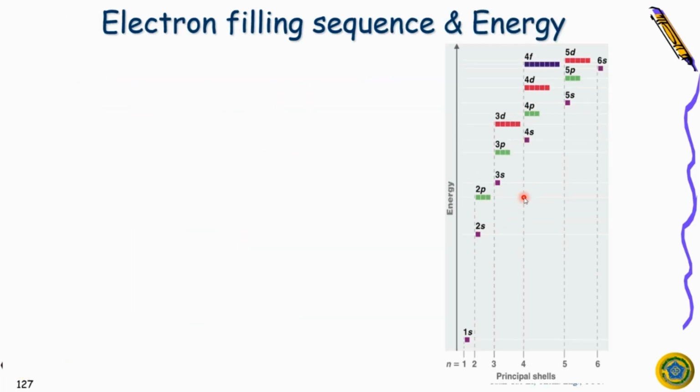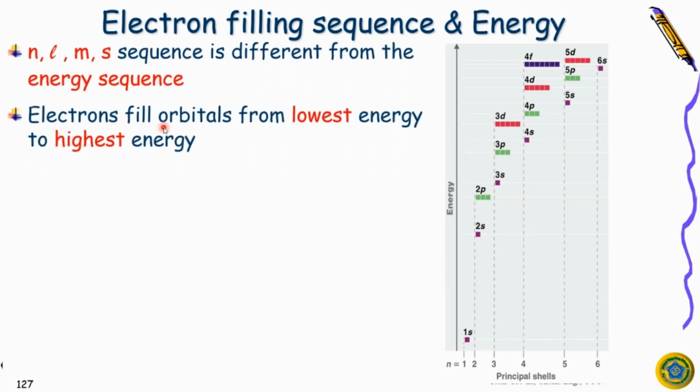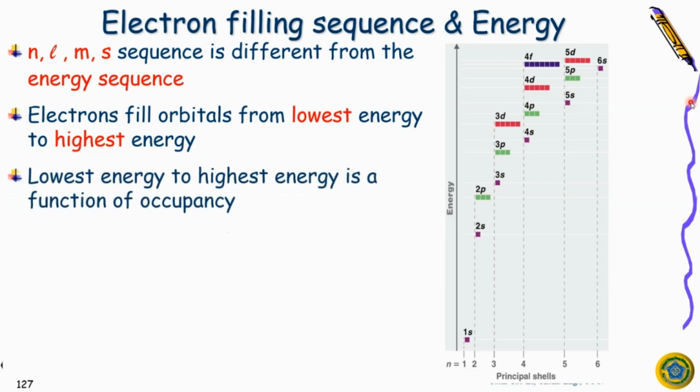Okay, the second one is electron filling sequence and energy. You need to fill in from the lowest energy to the highest energy. If you have all the electrons in 3p, one extra electron needs to go to 4s instead of 3d, because the electrons fill orbitals from the lowest energy to the highest energy. The lowest to higher energy is a function of occupancy.